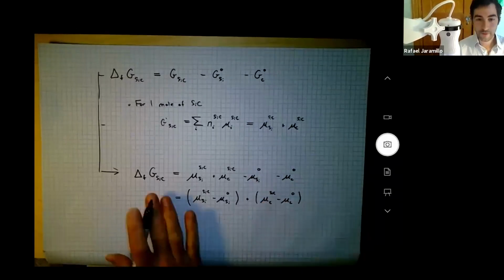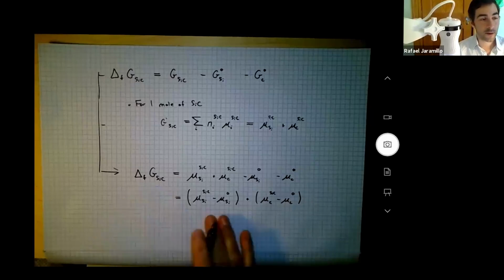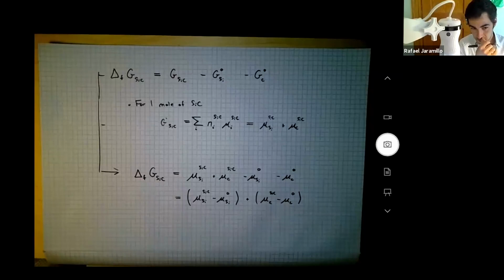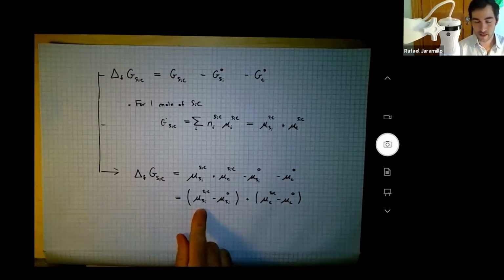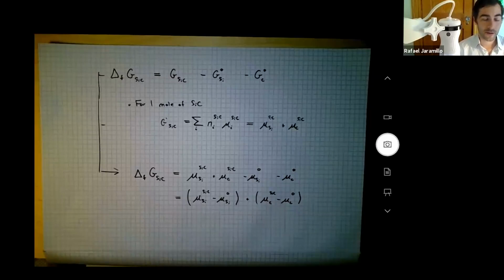So I have the free energy of formation expressed in terms of differences in chemical potential. And you can see how this is similar to solution modeling, right? I have delta mu's. This is a delta mu. This is a delta mu. It's just that the stoichiometry is fixed, and so we don't have to worry about composition variables anymore. We just have one of these and one of these.